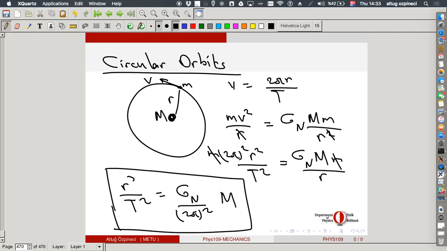So basically, this is the same idea. You are measuring v squared over r, which is nothing but the acceleration of the satellite caused by the planet. And if you know that acceleration, you can relate it to the mass of the planet itself.